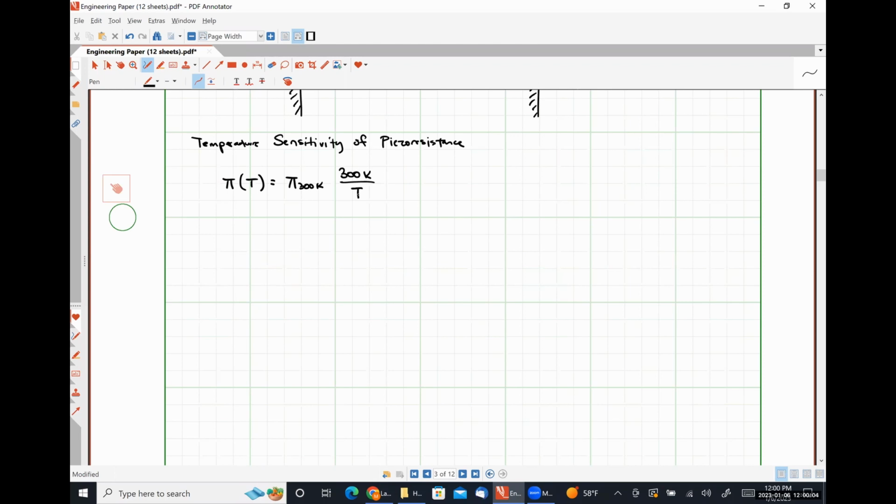In truth, this is only true for small changes in temperature, but for what we're going to be dealing with, that'll be fine.